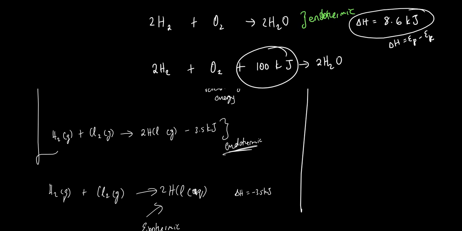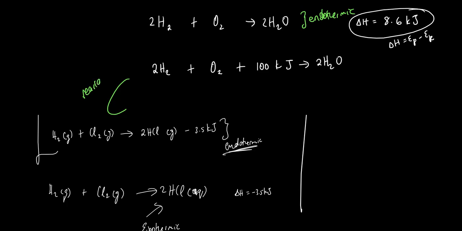But then how will you know whether it's still an endo or exo? So what I was saying is that you should always take that energy that is part of the reaction, take it to the right. When you take it to the right, it means you rearrange. Then if we rearrange it, this is gonna be 2H2 plus O2, giving us 2H2O minus 100 kilojoules.